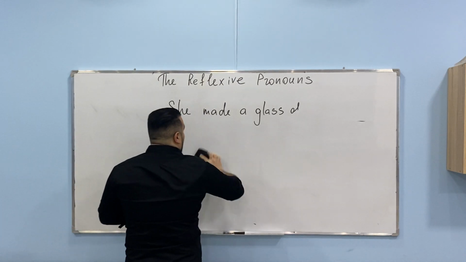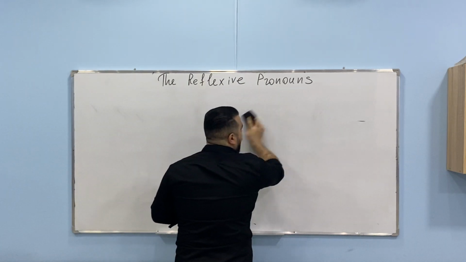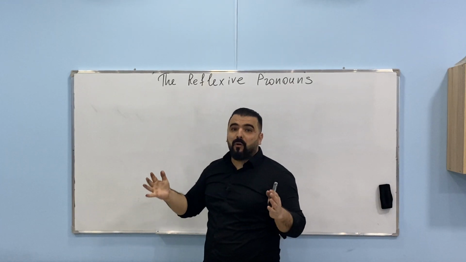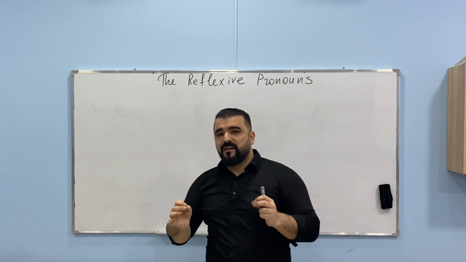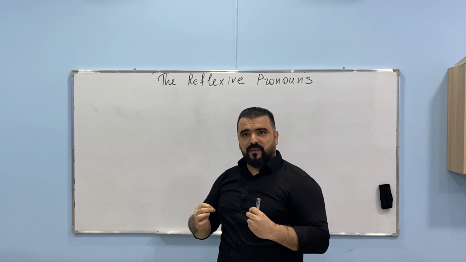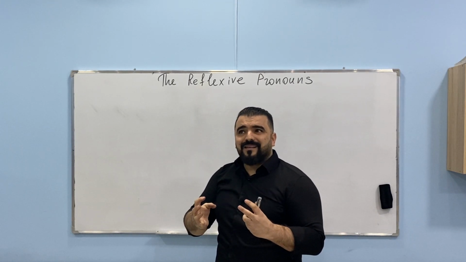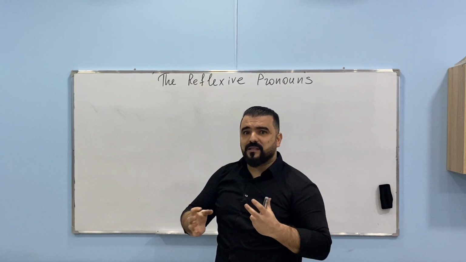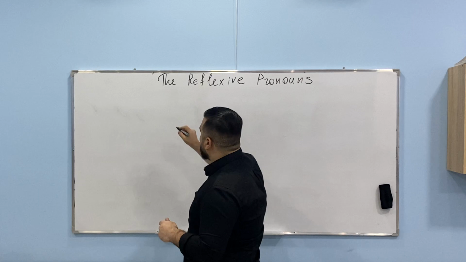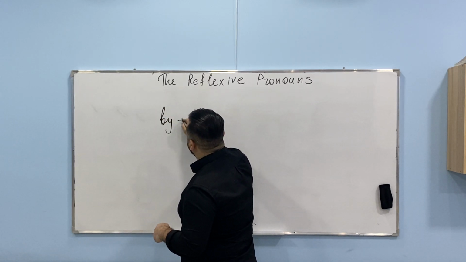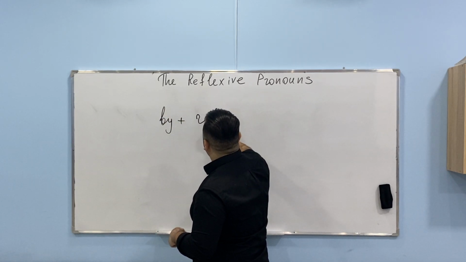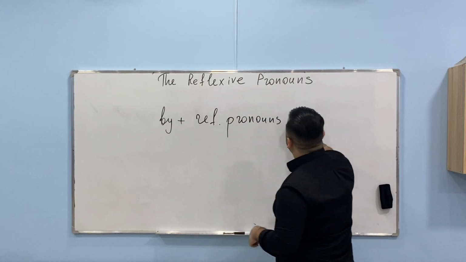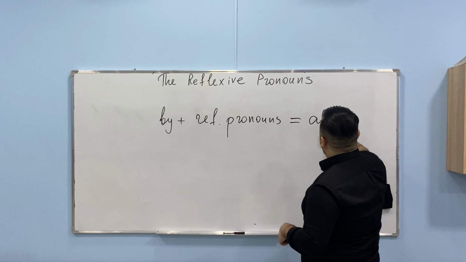the reflexive pronouns, how can we forget about the preposition by? Because when we use the reflexive pronouns after the preposition by, it means alone. So if we can take it as a formula, we can write it like that: by plus reflexive pronouns is equal to alone.